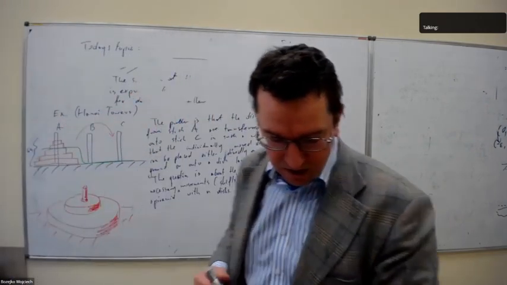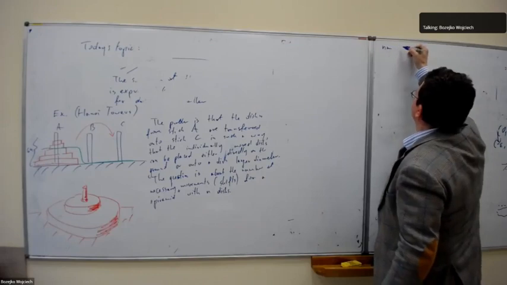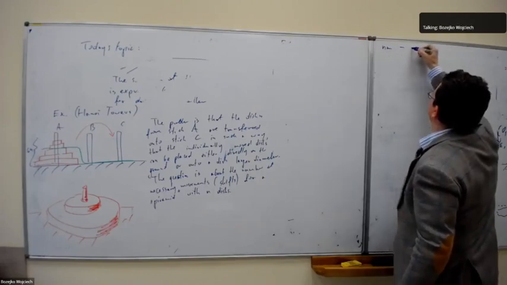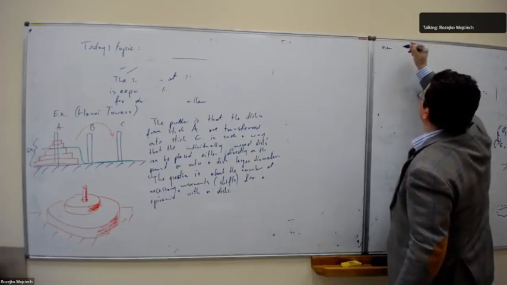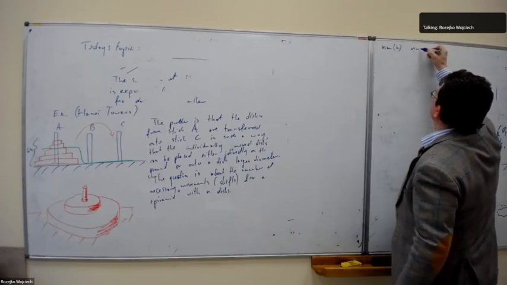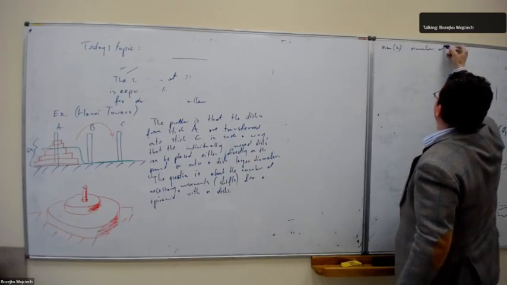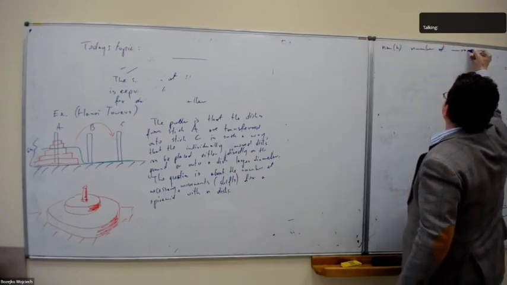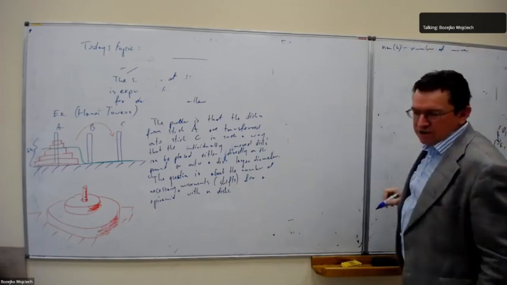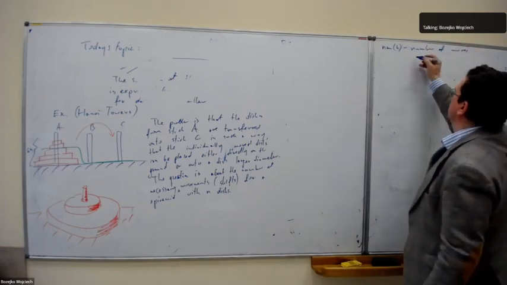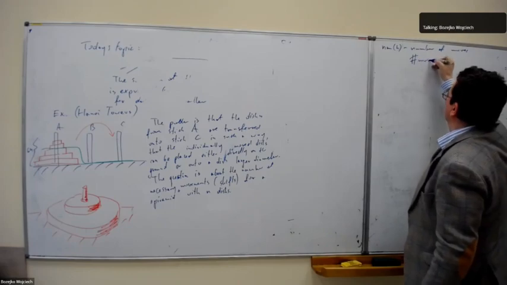Okay, so let it be NM will be the number of moves from K. Number of moves. In fact, we write it shortly, number of moves.